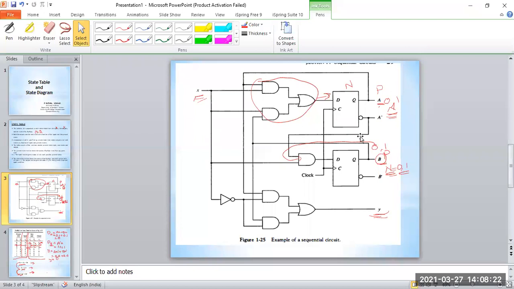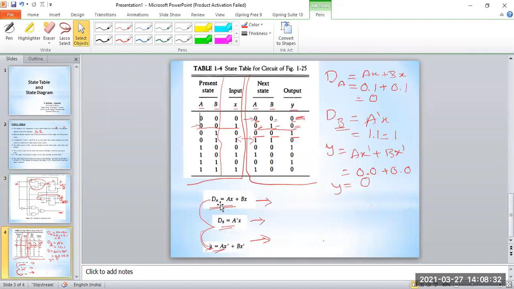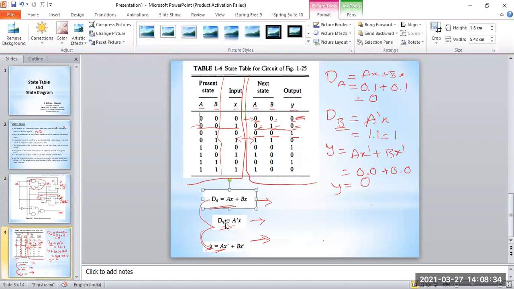Understand? If you convert the sequential circuit into Boolean equations, you will get these equations: the equation for dA, the equation for dB, and the equation for the output.